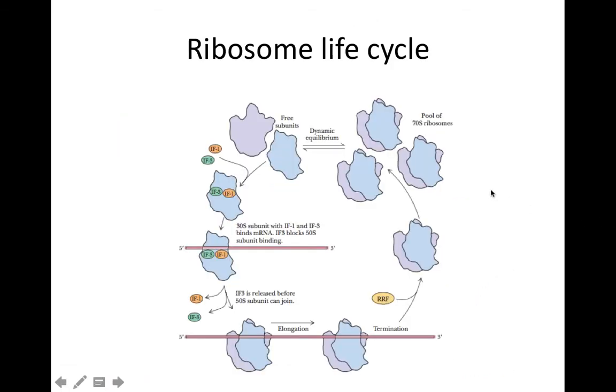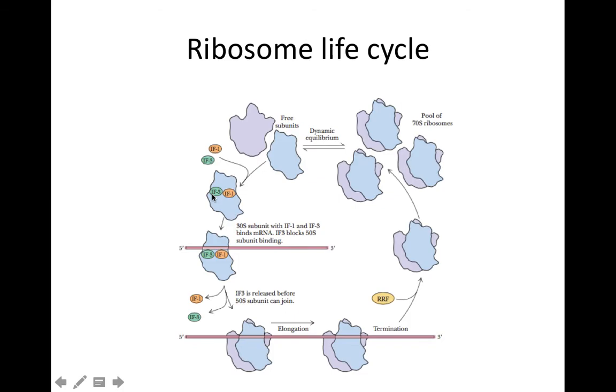Now, for your ribosome to be able to participate in another round of translation, the small and the large subunit have to dissociate from each other so that the small subunit can once again entertain initiation factor 1 and initiation factor 3.